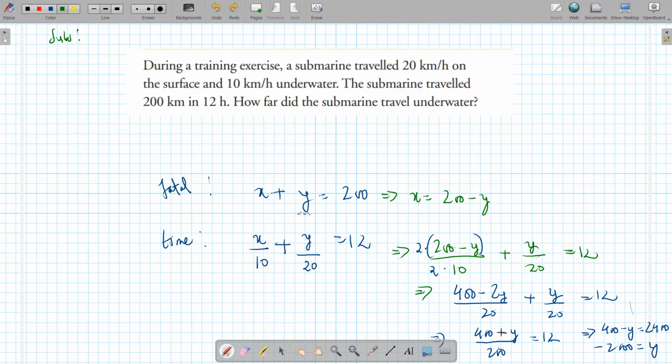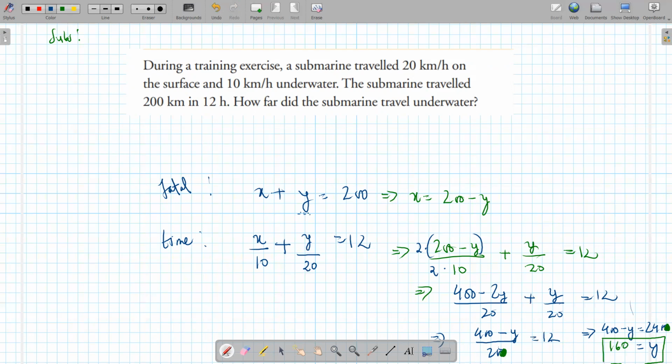It's not supposed to be 200. It was just 20. So 12 times 20 is 240, not 2400. And therefore y is going to be 400 minus 240. That's going to be 160. I don't know where I got the extra zero here from.